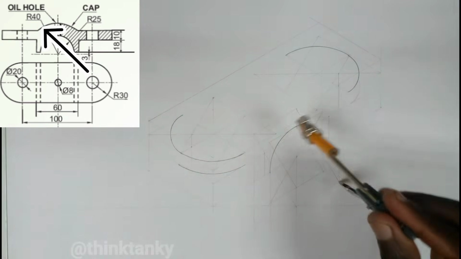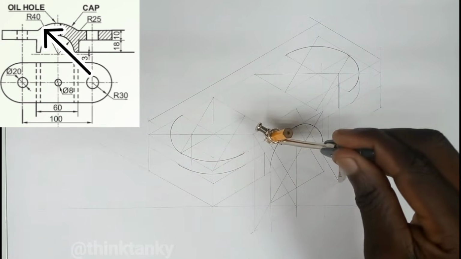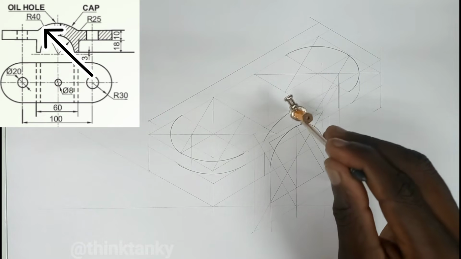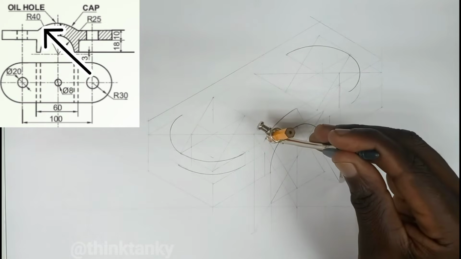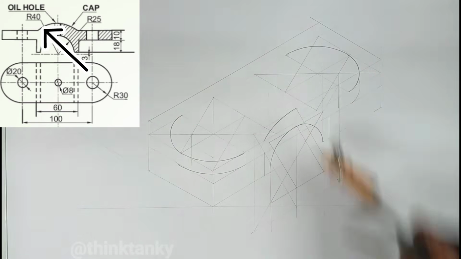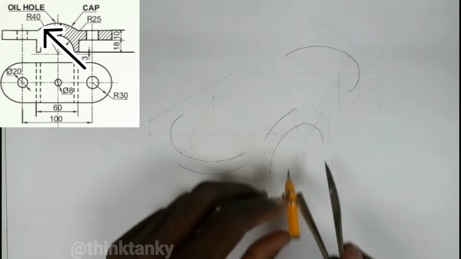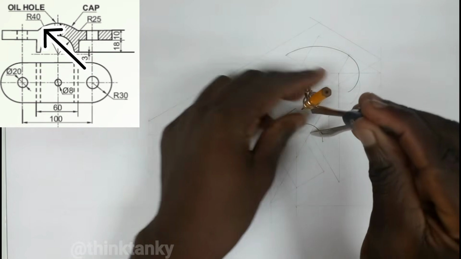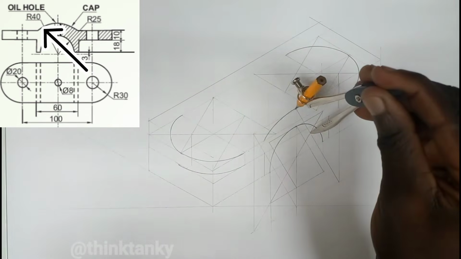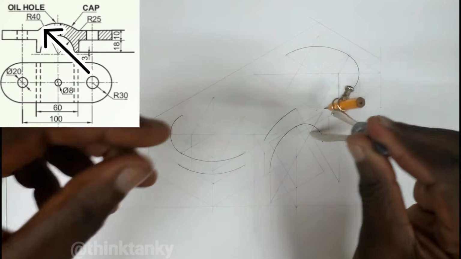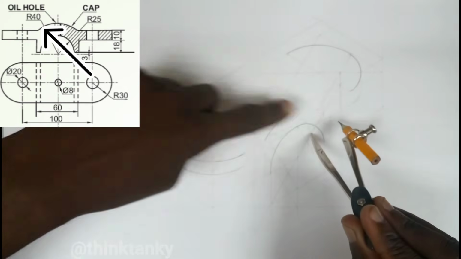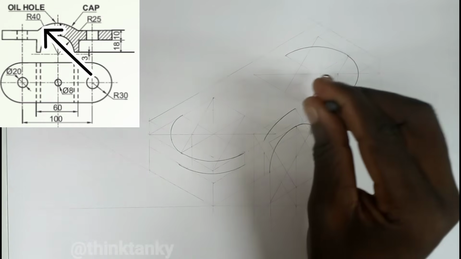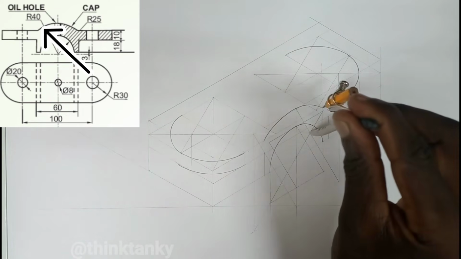As you can see, I'm not going to cross this line since this curve starts from here and here. Do the same, and this is my center. Draw, and I don't want it to exceed beyond this line, so it's going to end here.